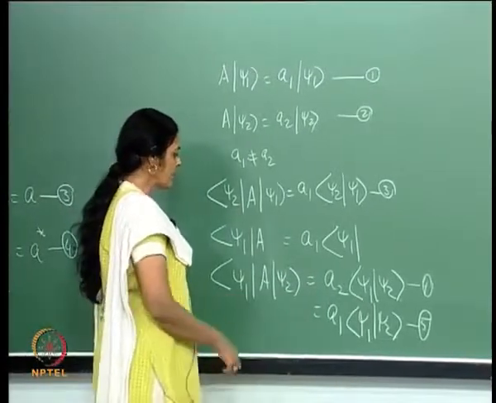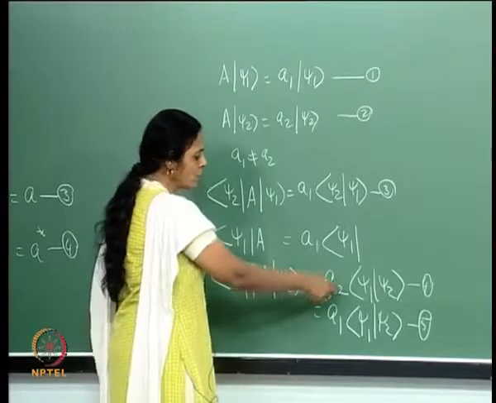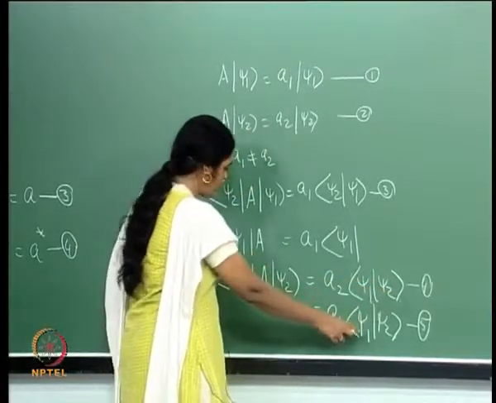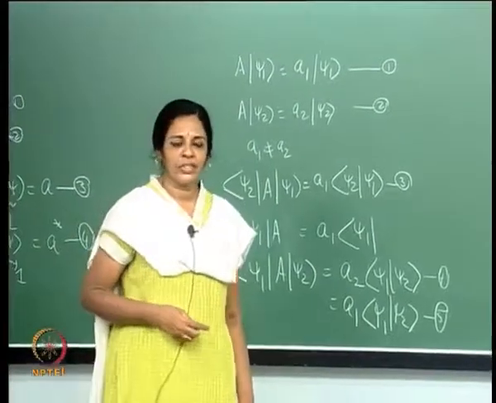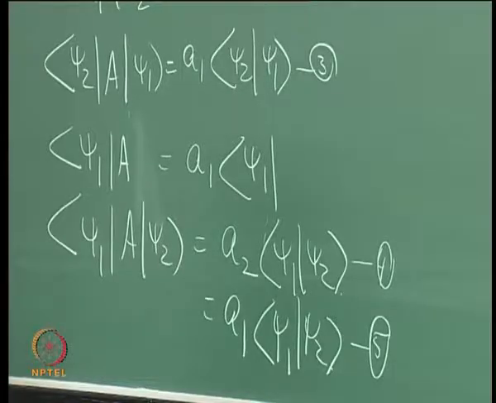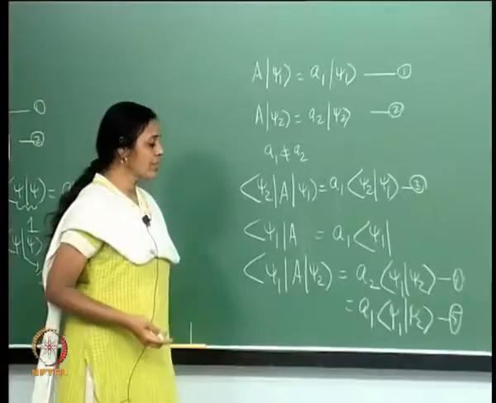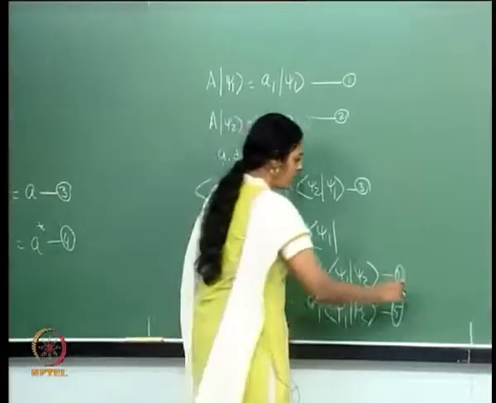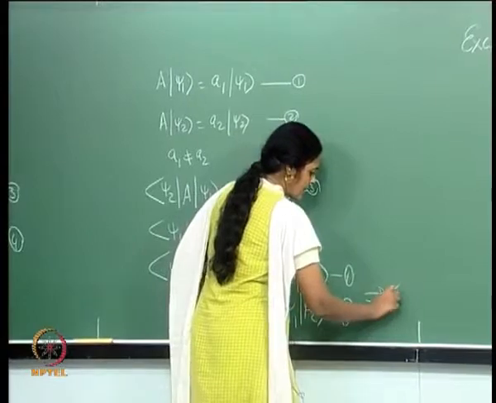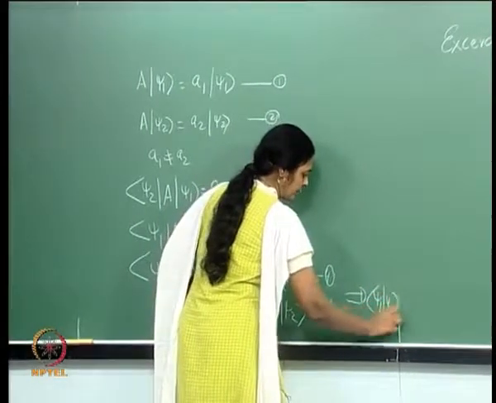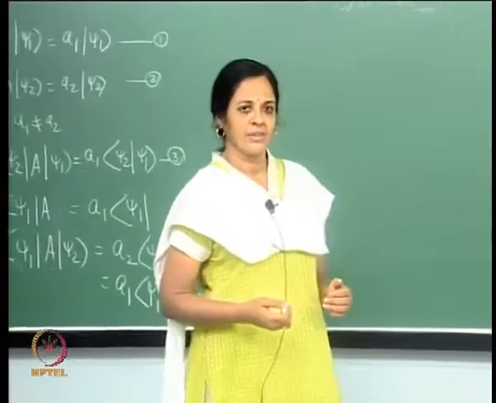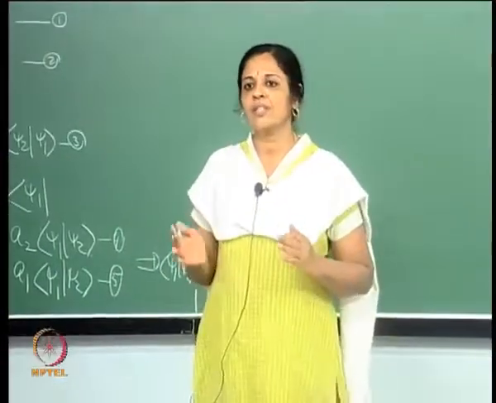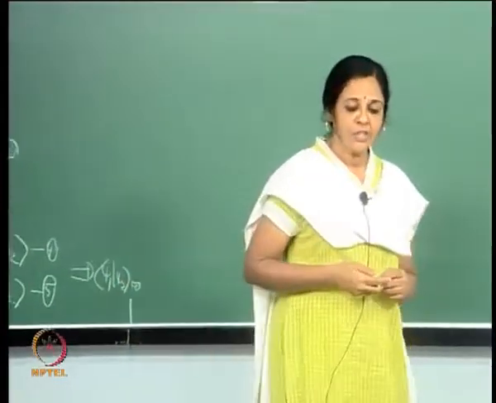This clearly means that a2 times the inner product of psi1 with psi2 should be the same as a1 times the inner product of psi1 with psi2, but a1 and a2 are not equal to each other. That is given to us, implies <psi1|psi2> is 0. Therefore, eigenvectors corresponding to distinct eigenvalues of a Hermitian matrix are mutually orthogonal.